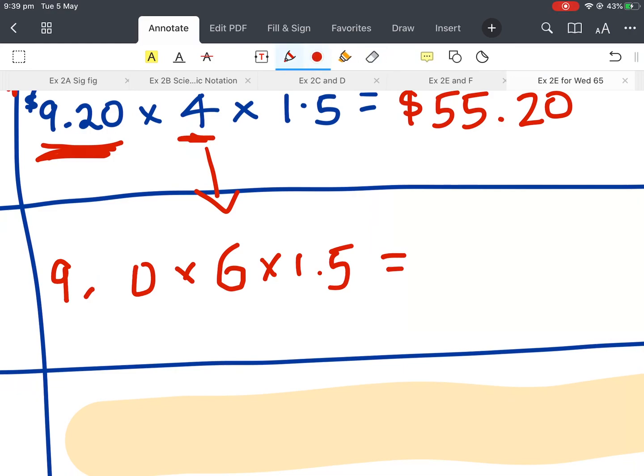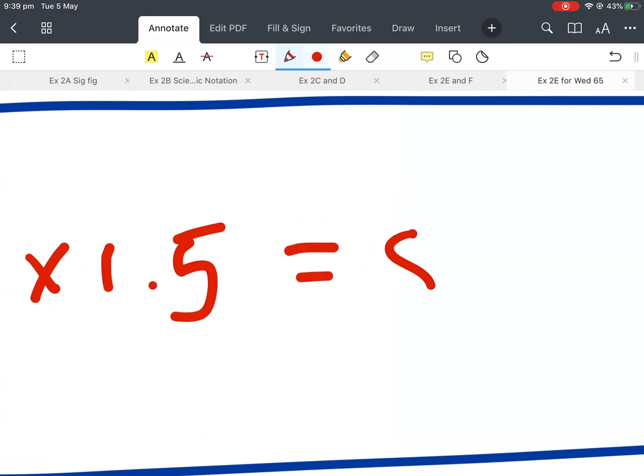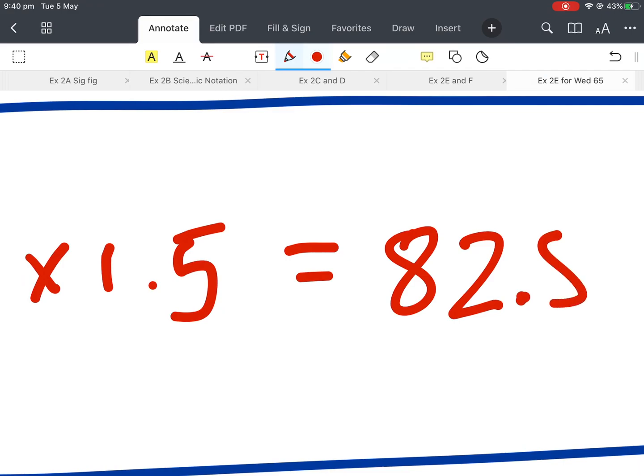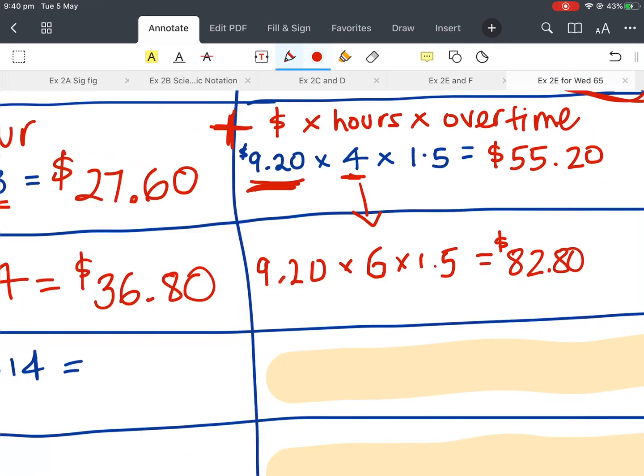Have a go on your calculator while I fix up my 2. So $9.20 times 6 times 1.5 gives me, look at that, same as the other answer, $82.80. Now what do we do to those two numbers? We add them together. Can you add them together and check to see if you got the same as me?